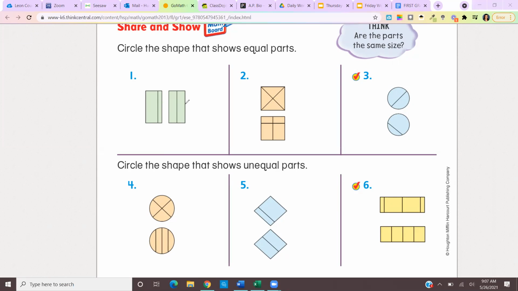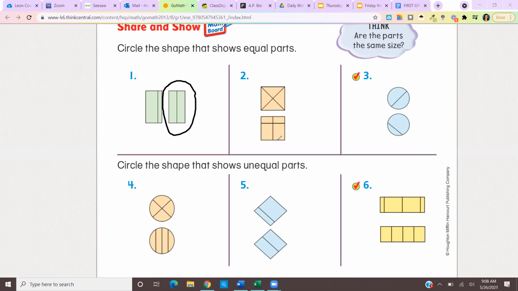Does it show equal shares? Yes. So that is the one we need to circle. Remember, equal shares means that all parts of the shape are the same size. If they're the same size, that means they are equal. Good job.